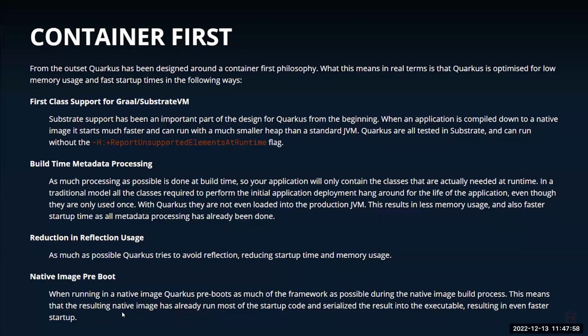That results in a native image that has already run most of the startup code and serialized the result into an executable, resulting in faster start. So these are a few of the basics of a container-first application, which Quarkus satisfies. Let me move to the next slide.